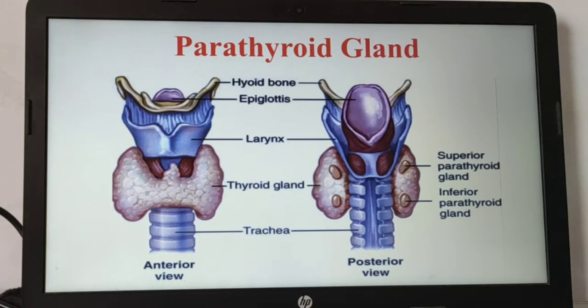This disorder is called parathyroid tetany or hypocalcemic tetany. That means in this disorder muscle twitching occurs.